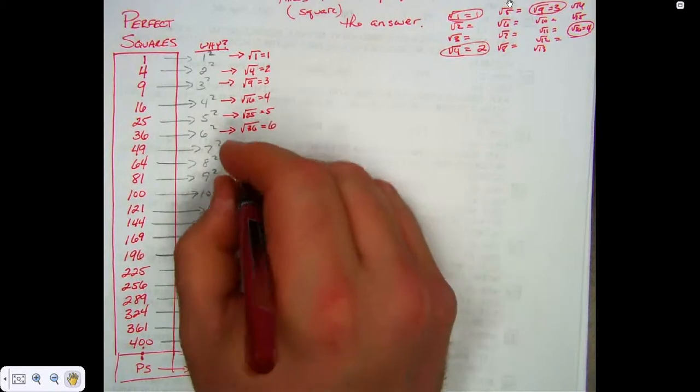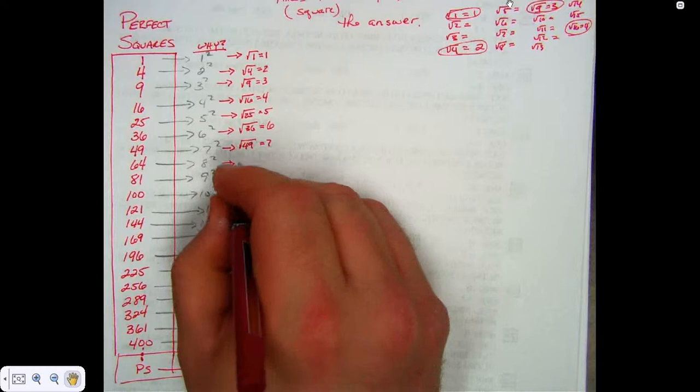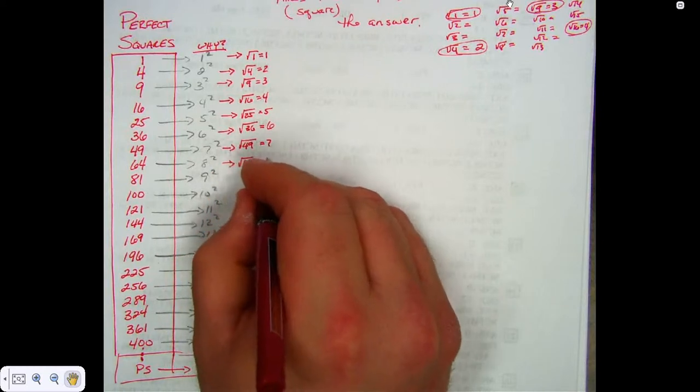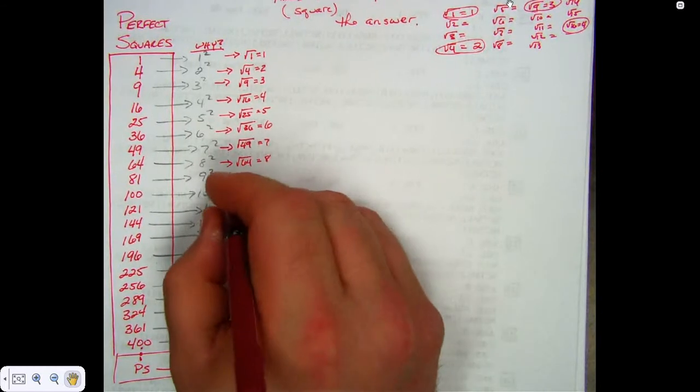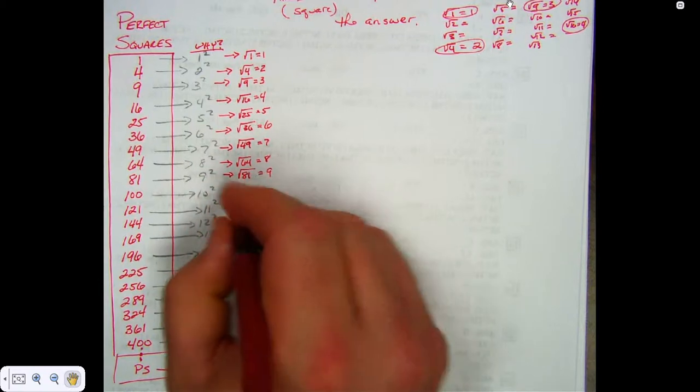So those are the numbers we can get outside of the square root sign. We have to have these numbers underneath there in order to get things out from underneath the square root.